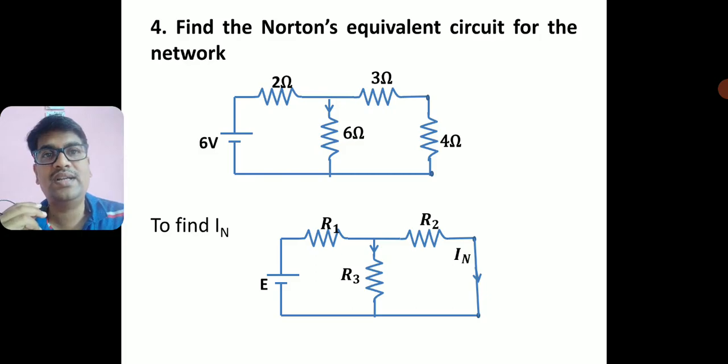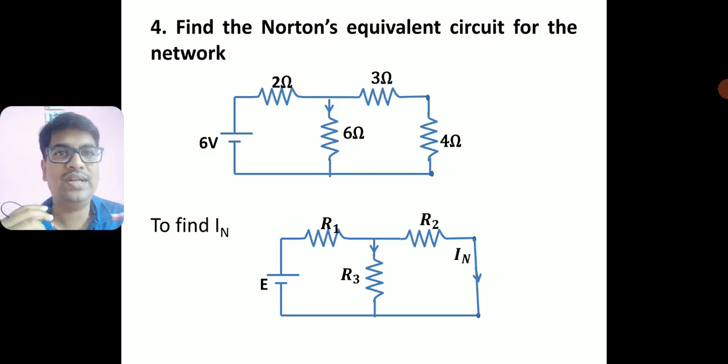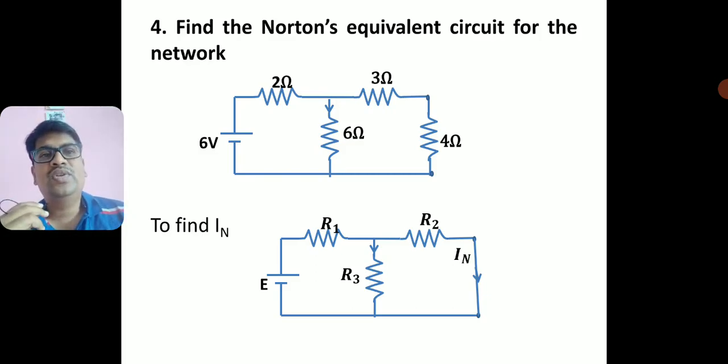It is clearly asked to find the Norton's equivalent circuit. So it tells that this complex network is equivalent to a current source in parallel with a resistance. That current source is equal to the short circuit current across the load terminal, and this resistance is equal to the effective resistance across the terminal.